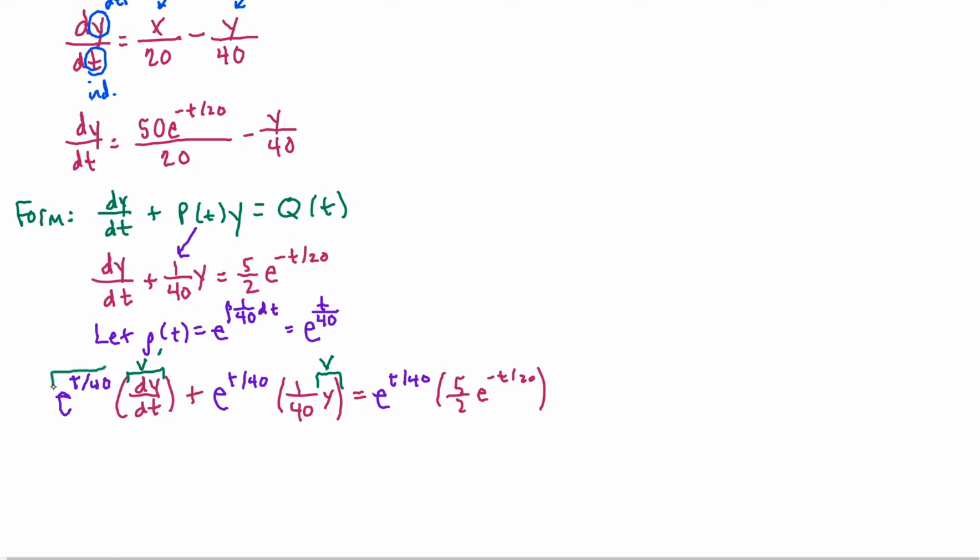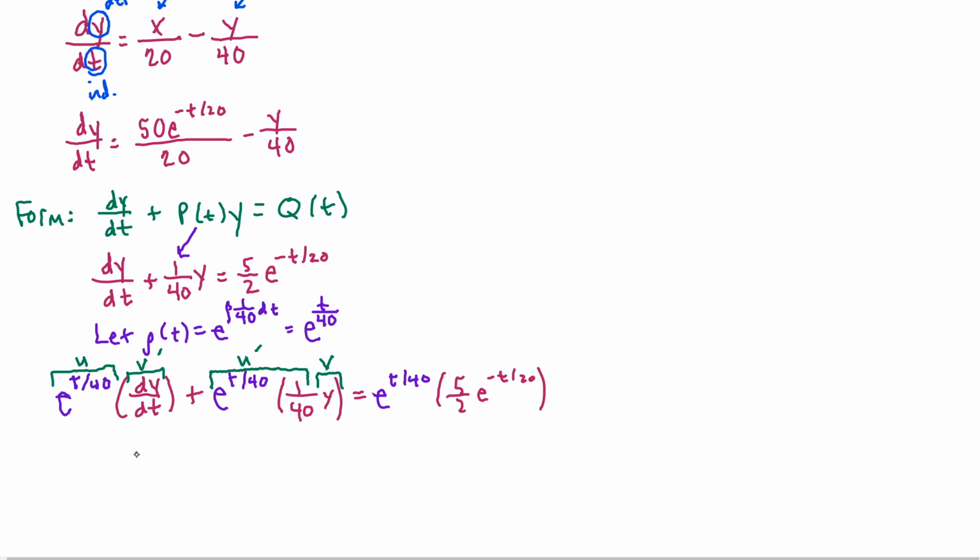So if we assume that this is the function u, we need to differentiate it. To differentiate e to the t over 40, we'd make a copy of the exponential and we would multiply by the derivative of the exponent, which is 1 over 40. So we can see we have u prime on this side.